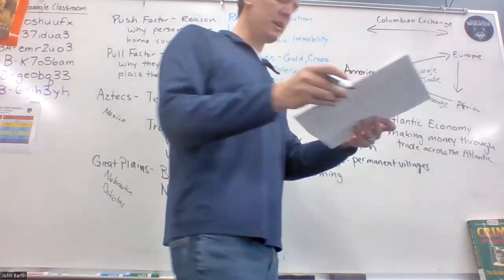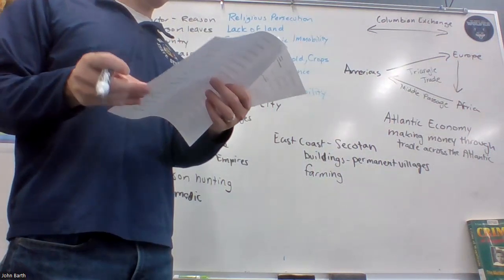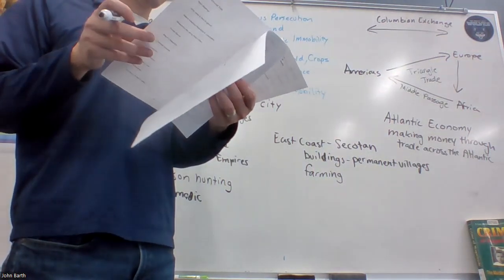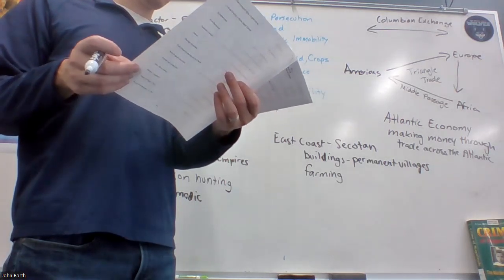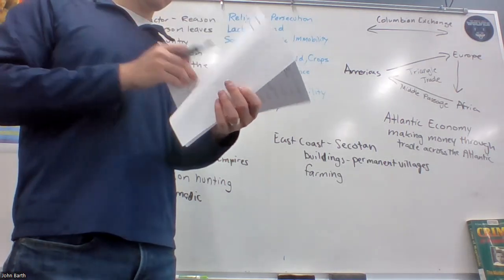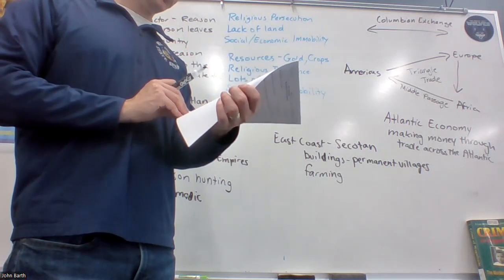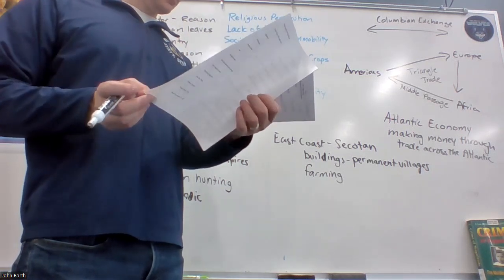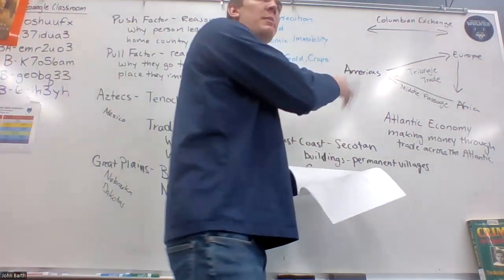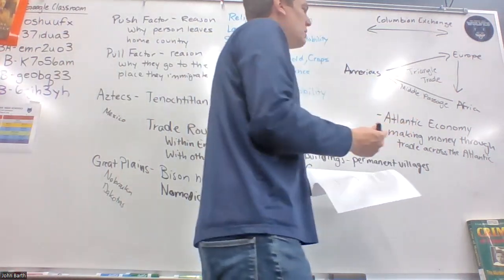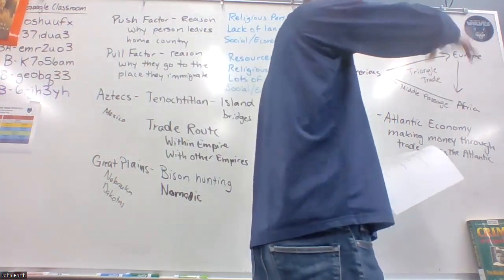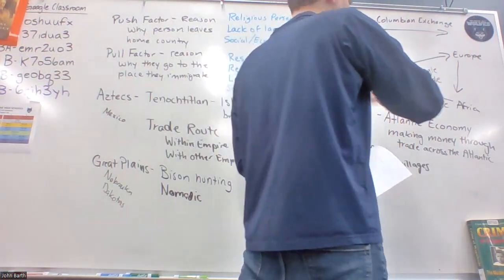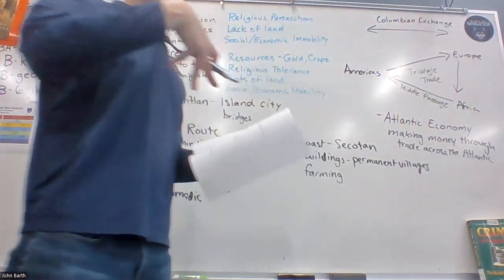Is Atlantic economy in your study guide? I can't remember if you actually put that phrase in there. We might see this phrase, okay? It's essentially anything of trade going across the Atlantic Ocean, making money off that, you're creating an Atlantic economy, okay?